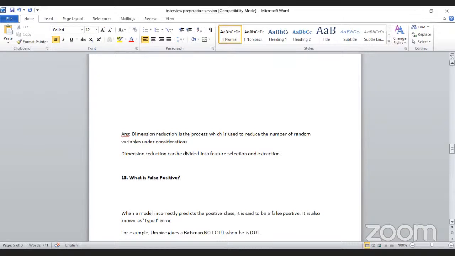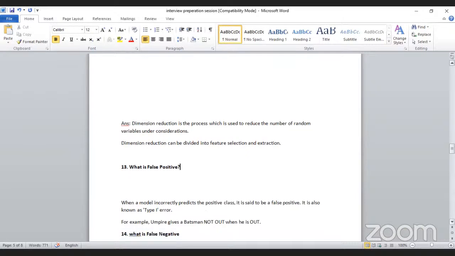Okay, so let's move to the next question. Let's close this with false negative. So we have all these categories, right? We have seen true negative, true positive, false positive, and now we have what is false negative.